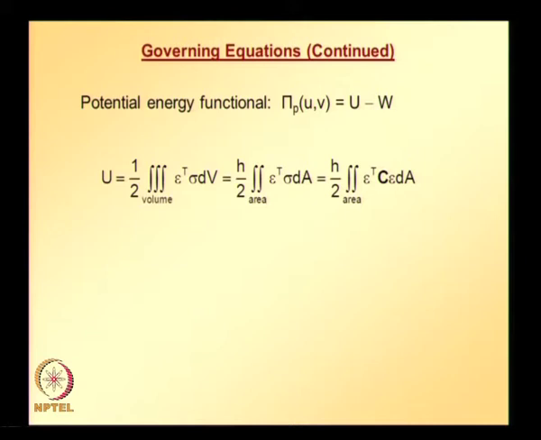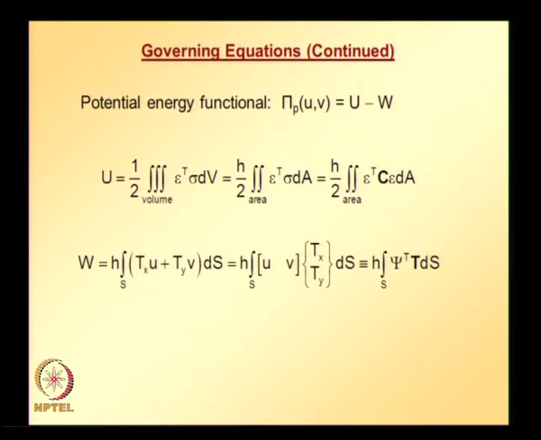But if applied forces are distributed forces, then the work done due to applied forces can be calculated using this relation. In both these relations, for U and W, the thickness h is assumed to be constant, so it is pulled out of the integral, and if it is not constant, then we need to take it inside the integral and then do the integration.